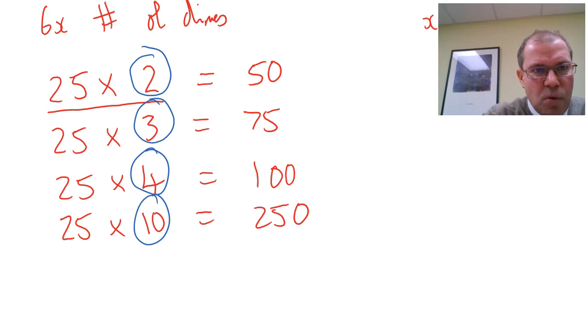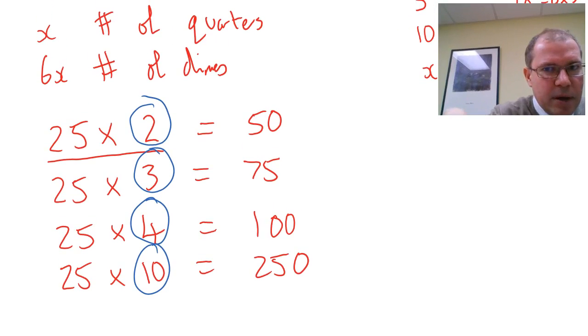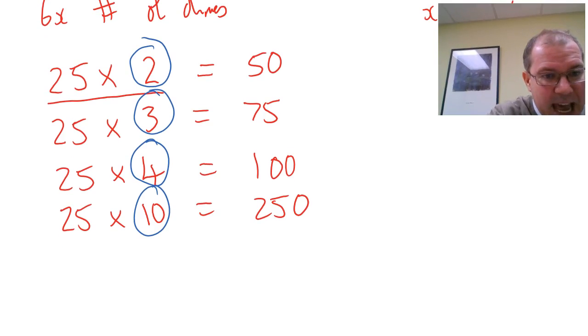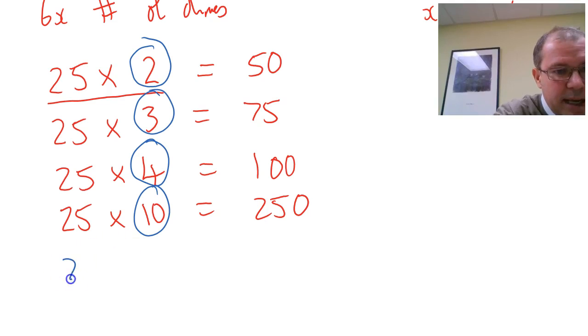So now, how many quarters do we actually have? I know it's abstract, but we have x. That's what we've said. We've got x number of quarters. So instead of 25 times 2, instead of 25 times 3, we don't know that we have 3 quarters. Instead of 25 times 10, if we have 10 quarters, it's 25 times x.